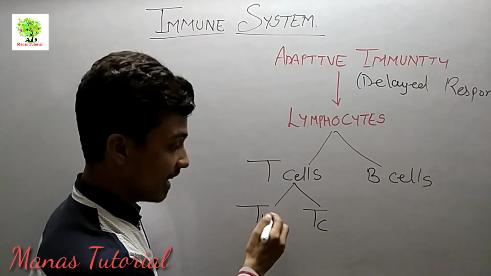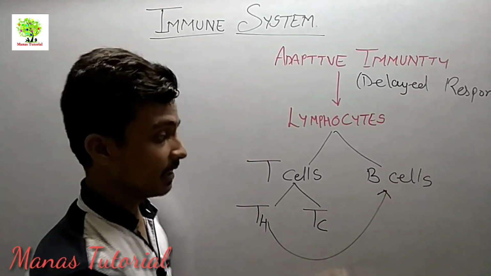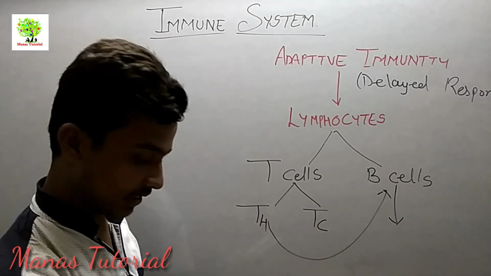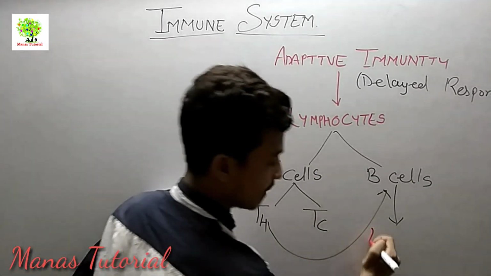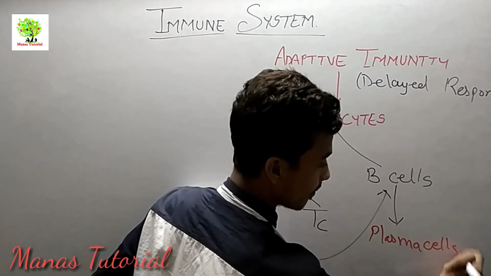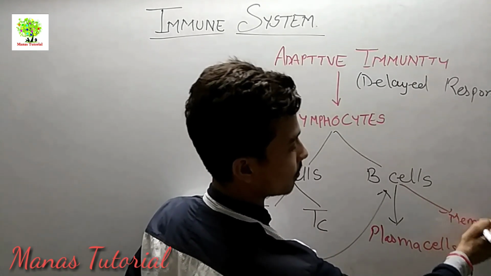T helper cells activate B cells, and B cells convert into two types of cells, known as plasma cells and memory cells.